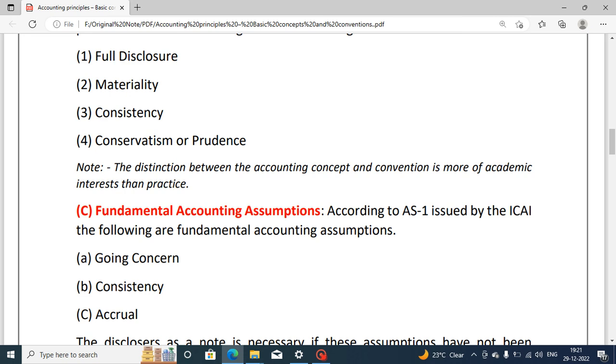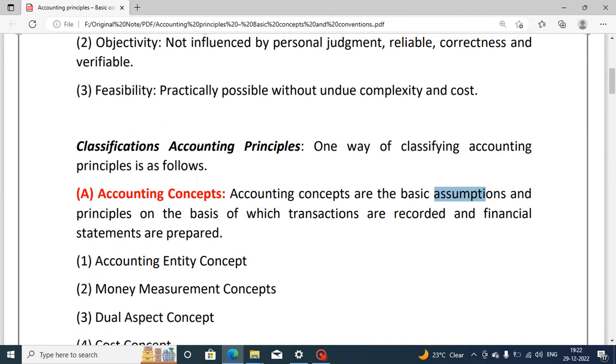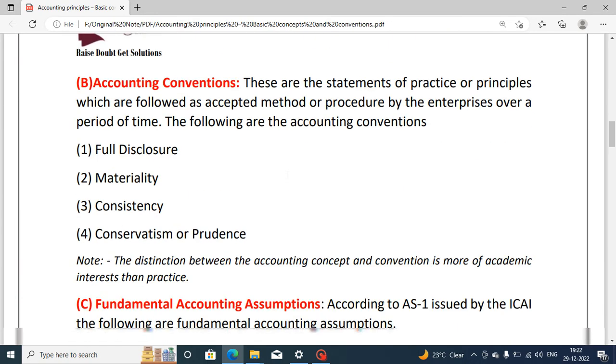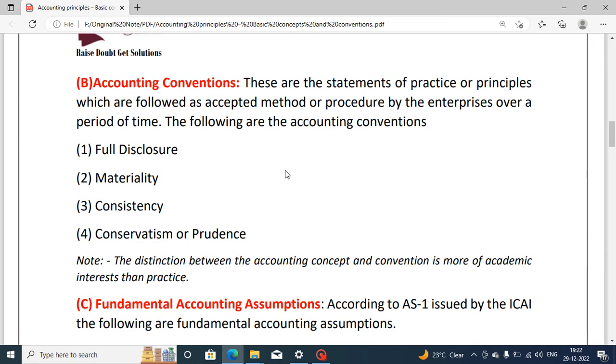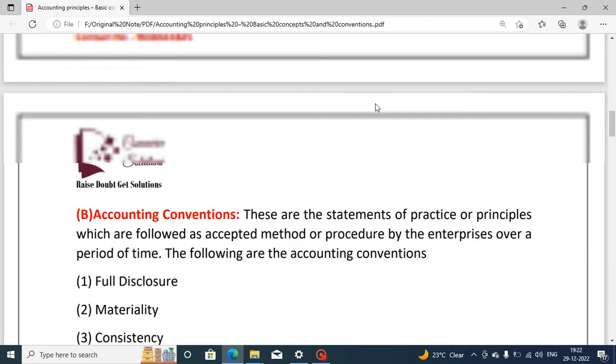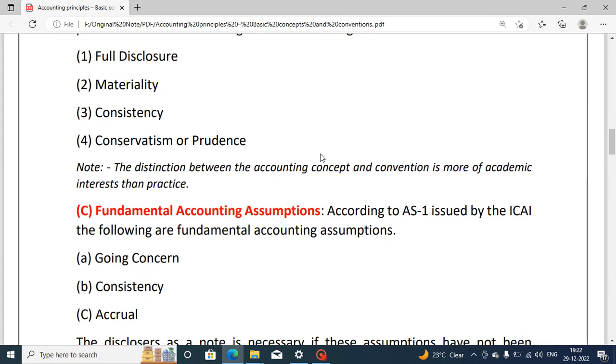Academicians show interest in distinguishing these two terms, but in practice we do not distinguish them because these are all principles. Conventions are based on experience and are statements of practice, and concepts are simply basic assumptions on which the accounting profession is based. So there is no need to distinguish between them because they are more or less similar things.